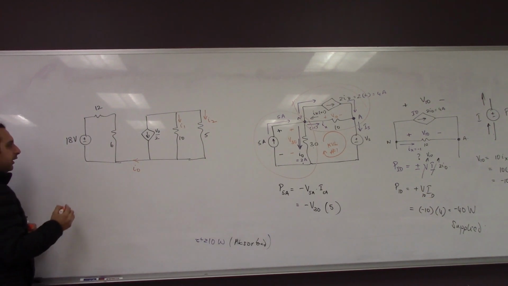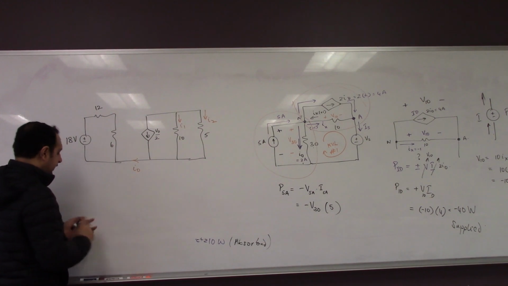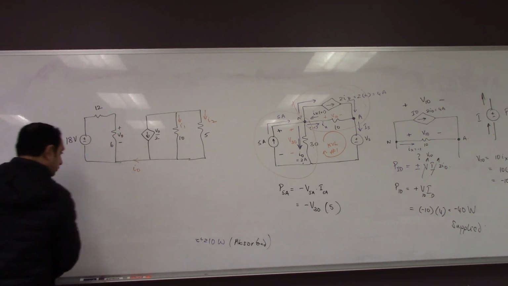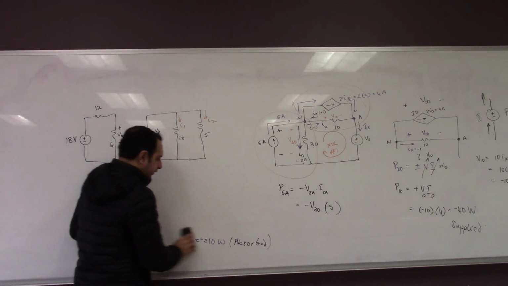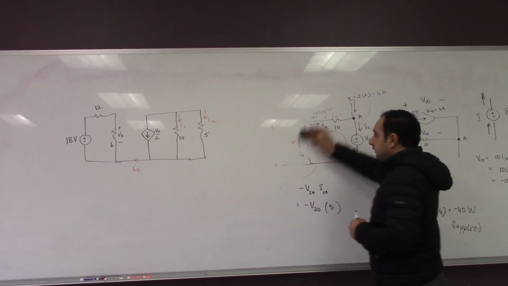Find I1, I2, and I0. Here V0 is the voltage across this. So first, try to find V0. Tell me what you get for V0.